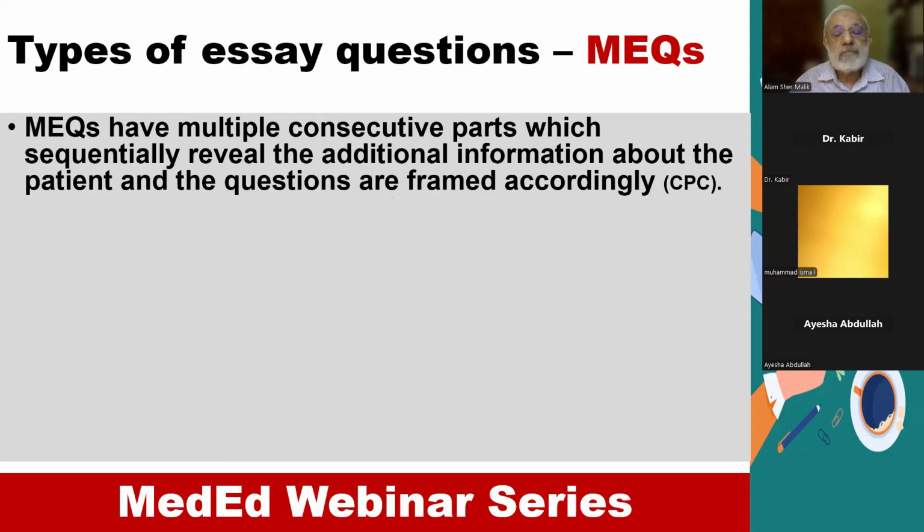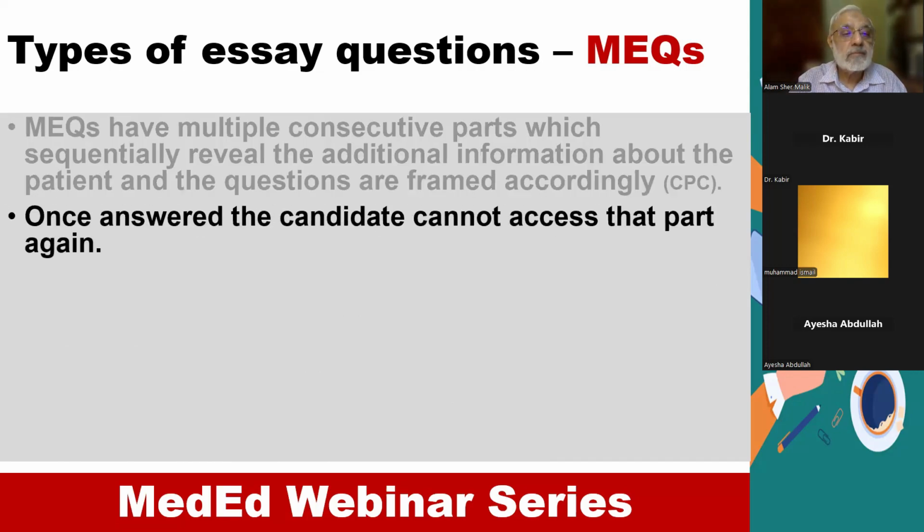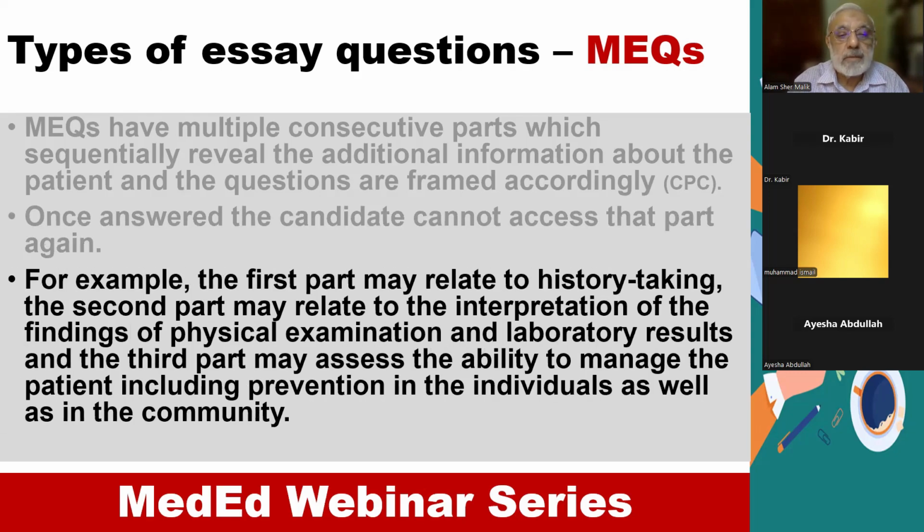Modified essay questions have multiple consecutive parts, as we have seen in that example, which sequentially reveal additional information about the patient, and questions are framed accordingly. This is again like the format we use in CPCs. Once answered, the candidate cannot access the part again. For example, the first part may relate to history taking.